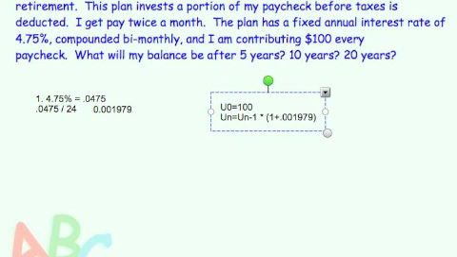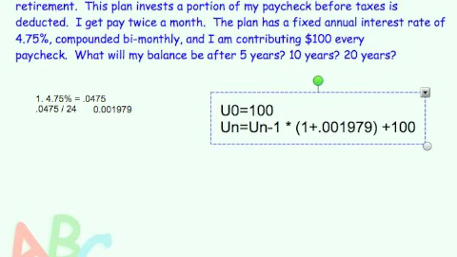I'm also going to contribute $100 from every single paycheck. So this is what my recursive routine looks like. Let me make it a little bit bigger so you can see it better.